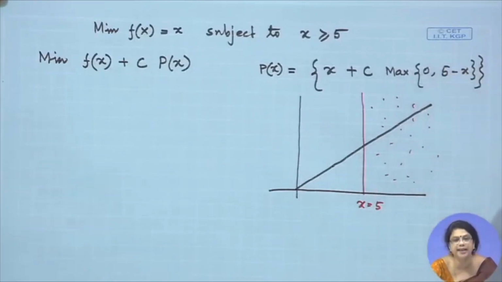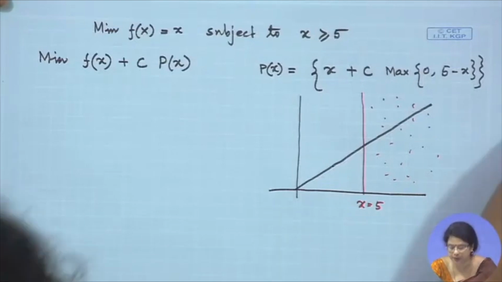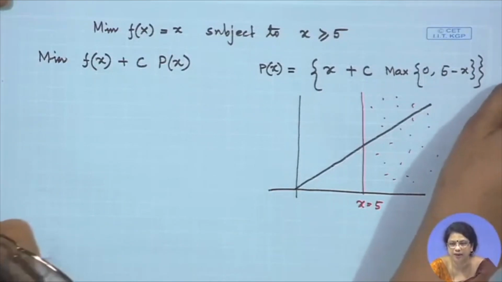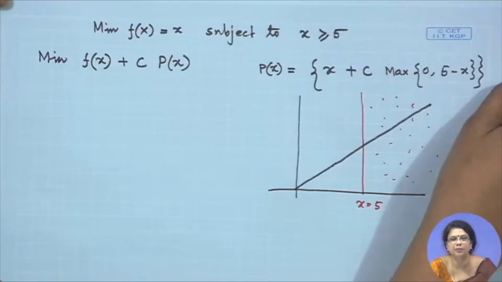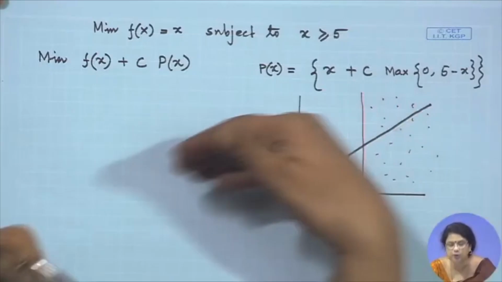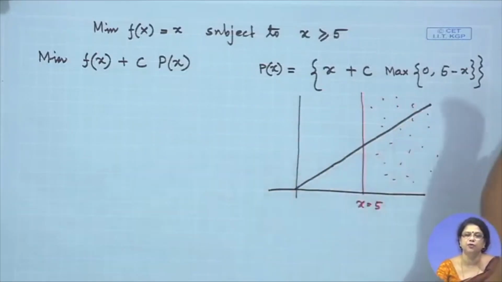If x is equal to 4, then the value of max would be max of 0 and 5 minus x, that means 1. If the value of x is 3, then the penalty value would be 2. That means if we are going far from the feasible space, the penalty value is increasing. This way we can consider a penalty function.